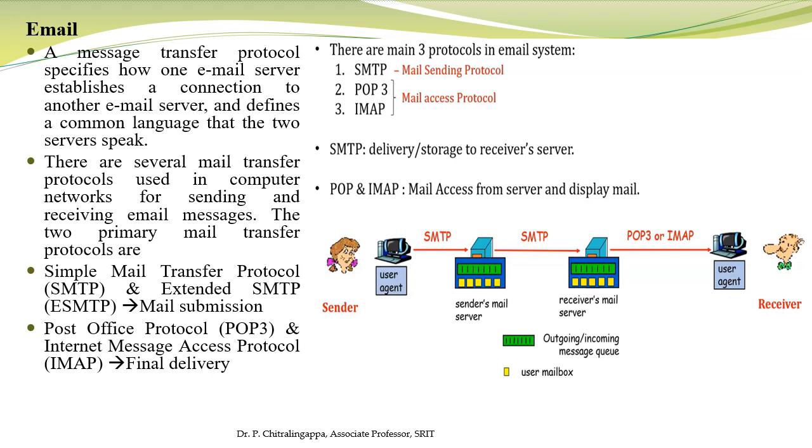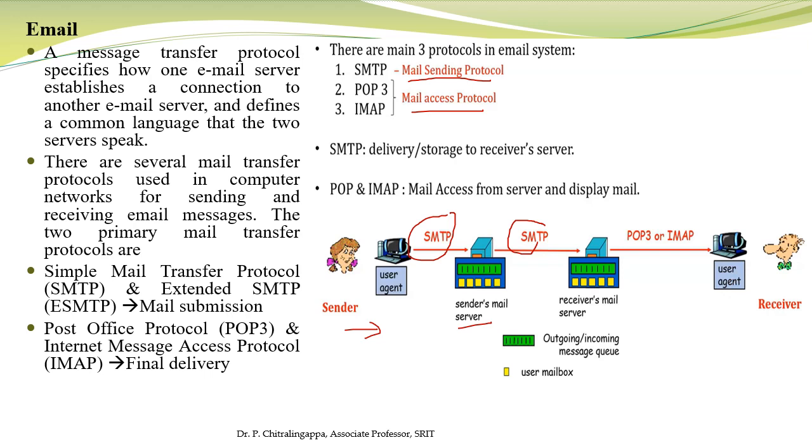So these are the three protocols. For sending purposes, we are using SMTP. For receiving purposes, we are using the POP or IMAP protocol. This is one scenario: how can we send the message? The sender wants to send a message using the SMTP protocol to the sender side mail server, and the message is received using the POP or IMAP protocol.